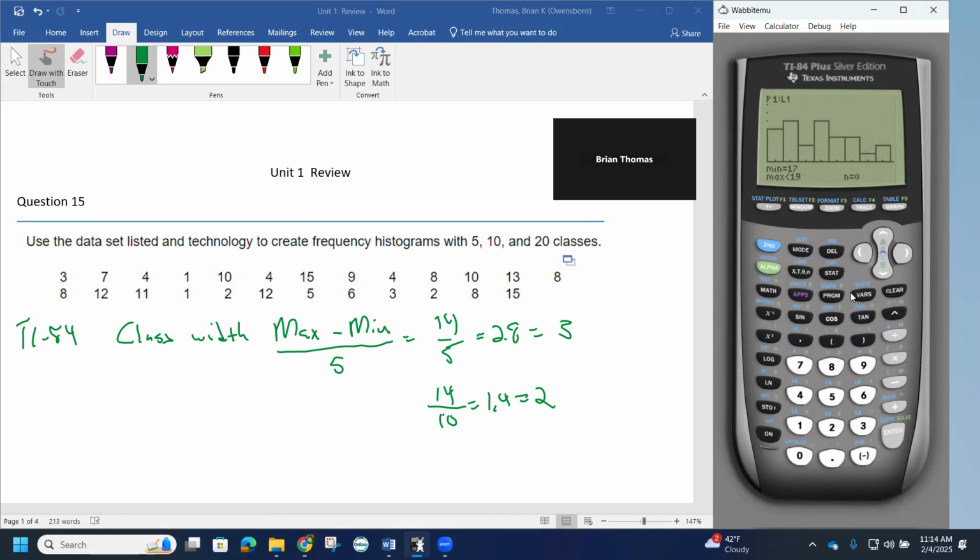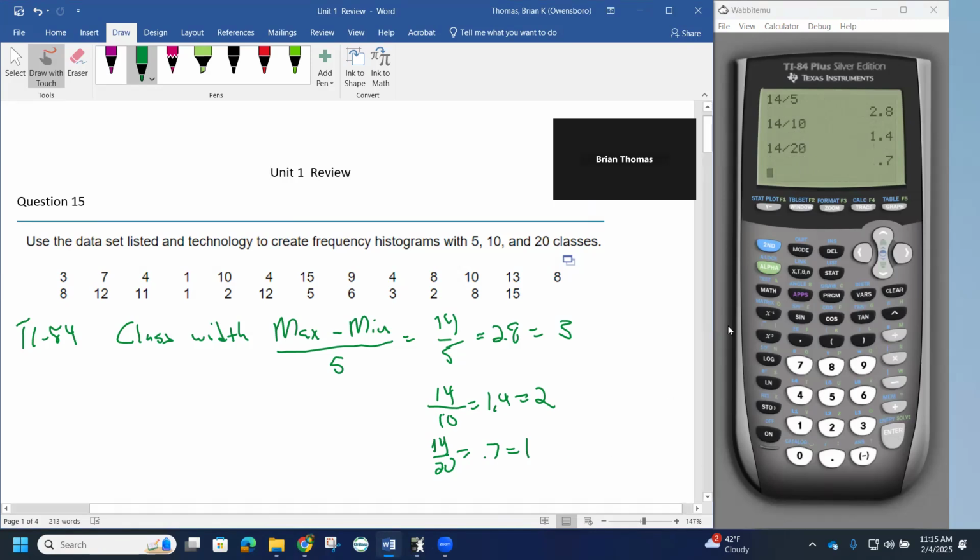Now, to do 20 classes, we can quit this and do 14 by 20. 14 divided by 20 is going to give us 0.7, which would round up to 1.